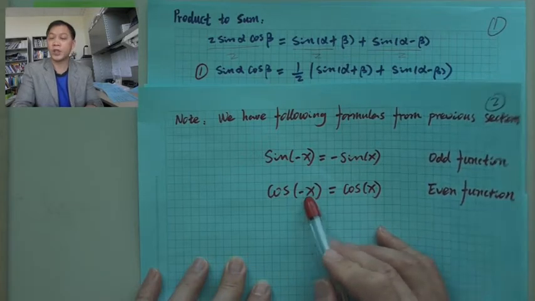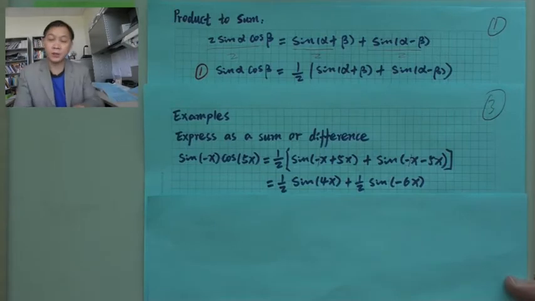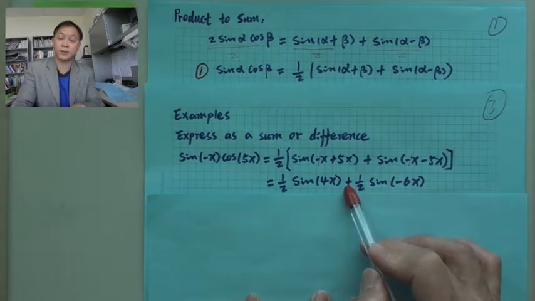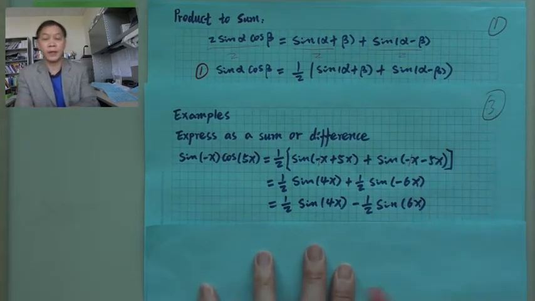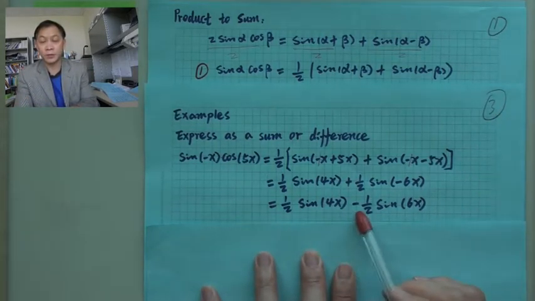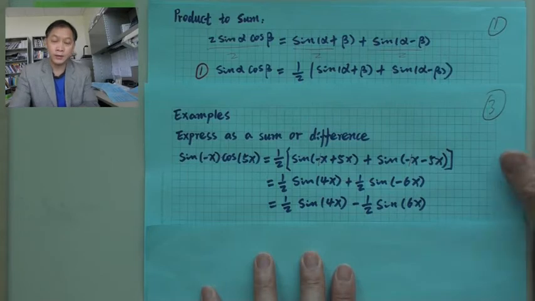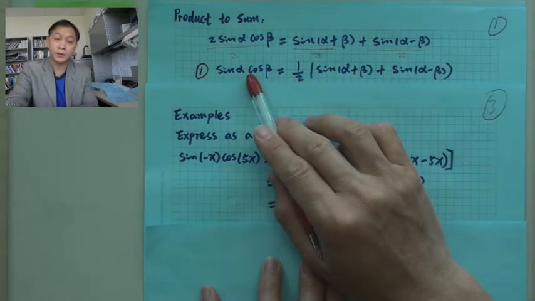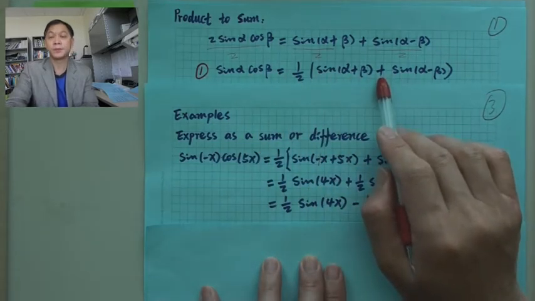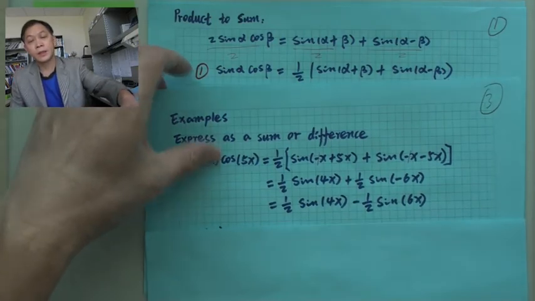For cosine, they're equal. So down here we can pull this negative sign out. Negative sine 4x minus 1/2 sine 6x. That's the application for the product to sum.